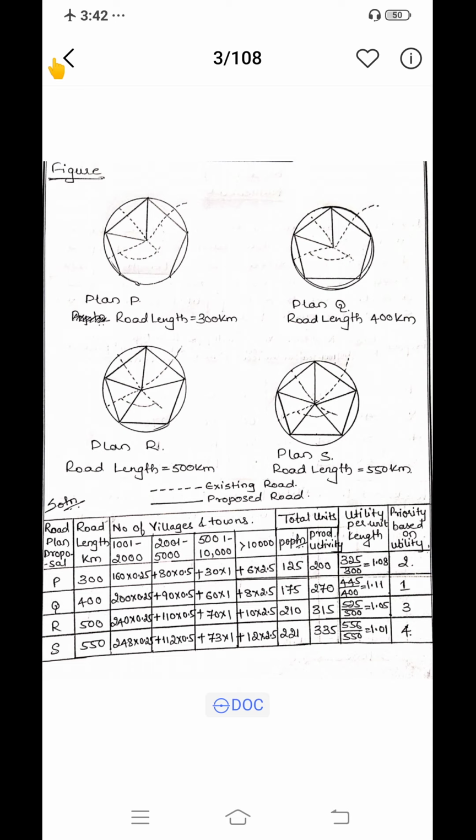Similarly for Q, the road length is 400.